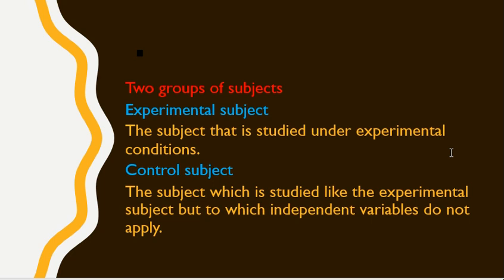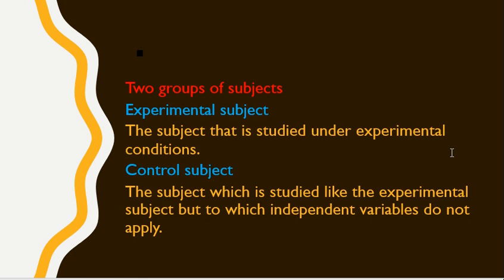We are going to check whether a break in learning improves performance or not. For that, we make two groups, experimental and control. We will give a break to the experimental subjects and we will not give a break to the control subjects. After comparing the results, we will come to know whether a break in learning improves performance or not. Is it clear?